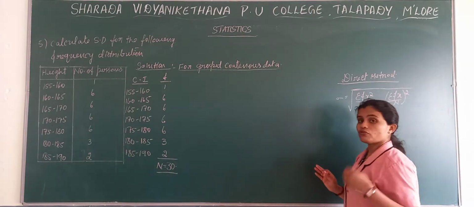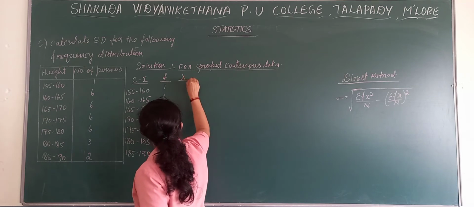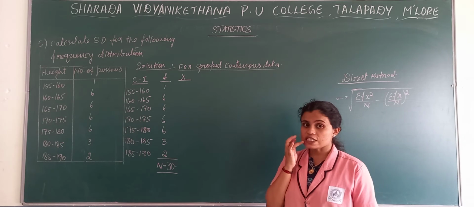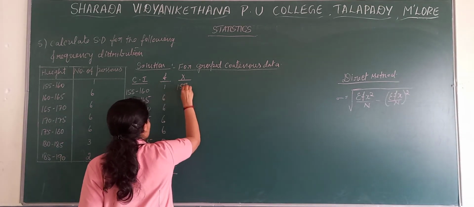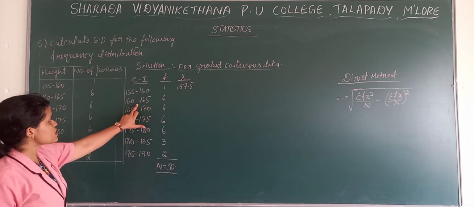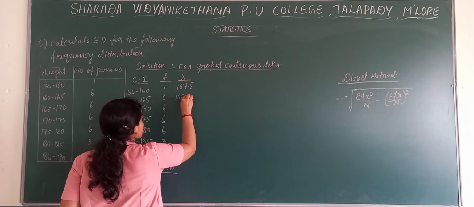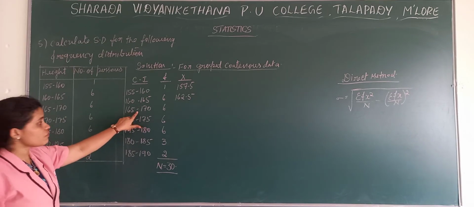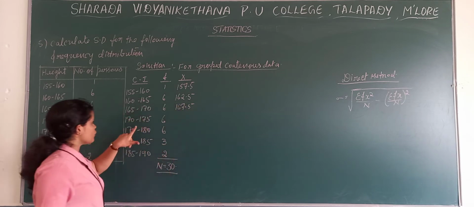So firstly we need to find their x. Here the x values are nothing but mid values. 155 plus 160 divided by 2 gives the mid value 157.5. Then 160 plus 165 divided by 2 gives 162.5. 165 plus 170 divided by 2 gives 167.5.